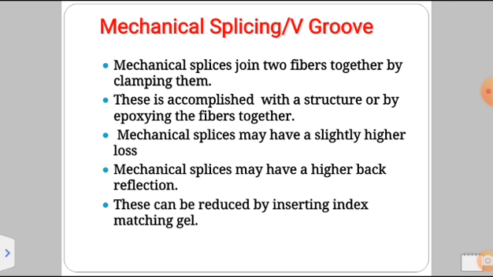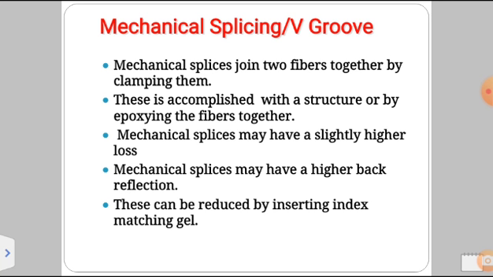So it is mechanical splicing, and these are accomplished with a structure or by epoxying the fibers together. The structure may be permanent, semi-permanent or temporary. Temporarily they are joining the fibers, and mechanical splices may have slightly higher loss.